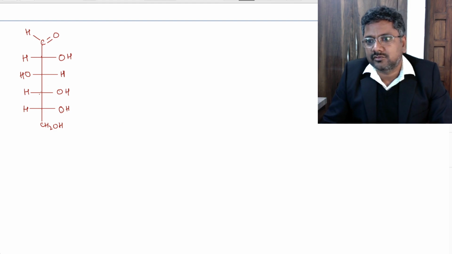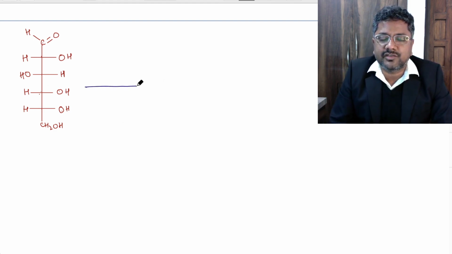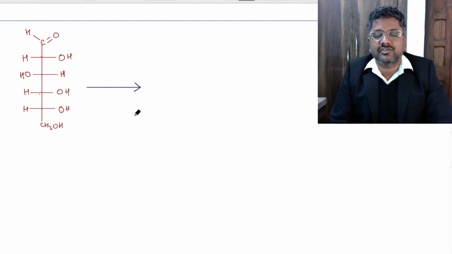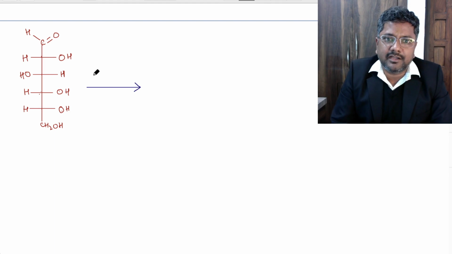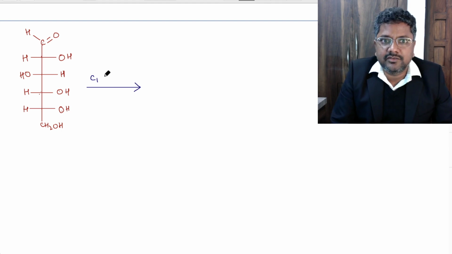Now let me know which OH group condenses with this CHO group to form a hemiacetal. All of you have enough information regarding the stability and formation of cyclic structures. So definitely there is a reaction between C1 and C5. C1 and C5 will react with each other, meaning this oxygen will react with this carbon.